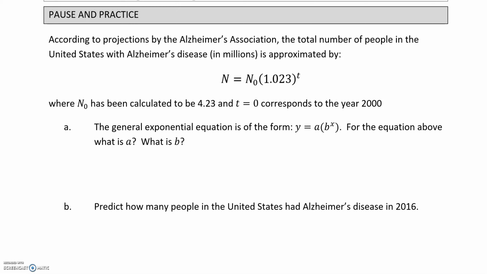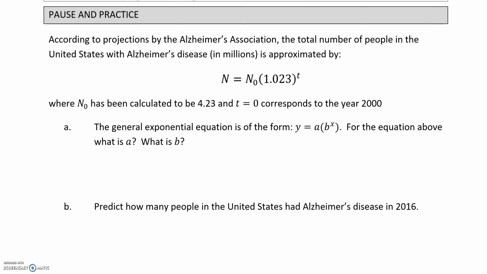It's very similar to the last one, and you can come back and compare your solutions to the remaining part of the video. So it says, according to the projections by the Alzheimer's Association, the total number of people in the United States with Alzheimer's disease in millions is approximated by N = N₀ times 1.023^t, where N₀ has been calculated to be 4.23 and t = 0 corresponds to the year 2000.